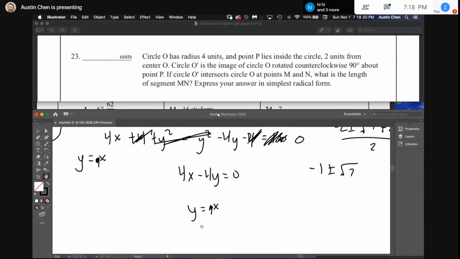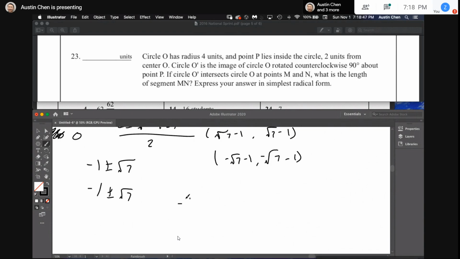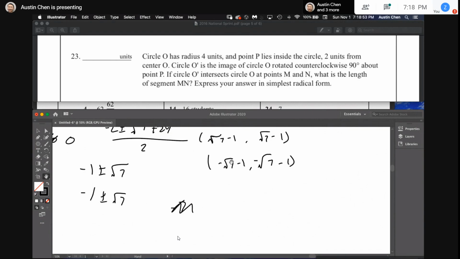Okay, and then we want to find the length. So we have the points root 7 minus 1, comma root 7 minus 1, and negative root 7 minus 1, comma negative root 7 minus 1, right? So our distance is just going to be this minus this squared plus this minus this squared, all over a radical, right?